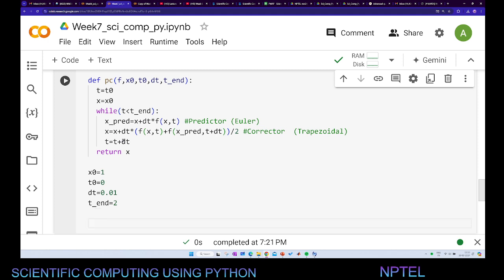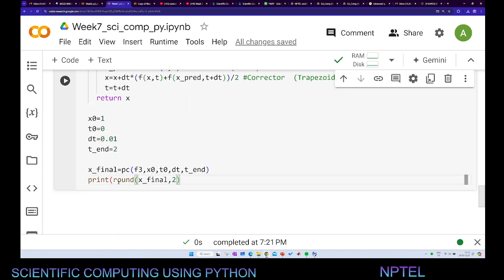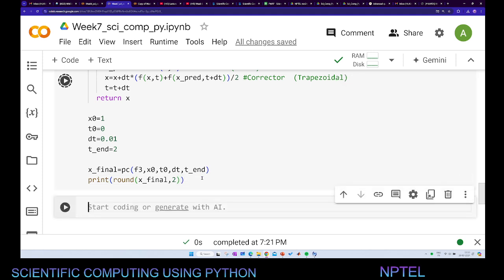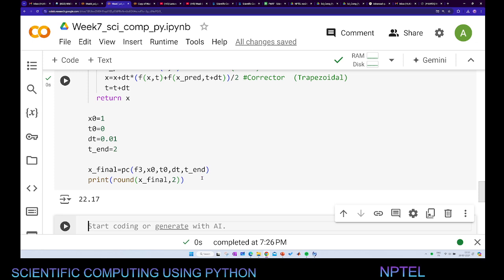And then we run our machine. x final is equal to PC of F3 at x0, t0, dt, t end, and then print the value rounded up to 2 decimal points. And it gives 22.70, which is correct.